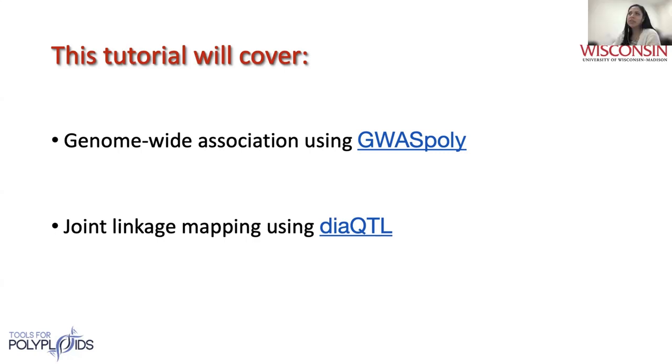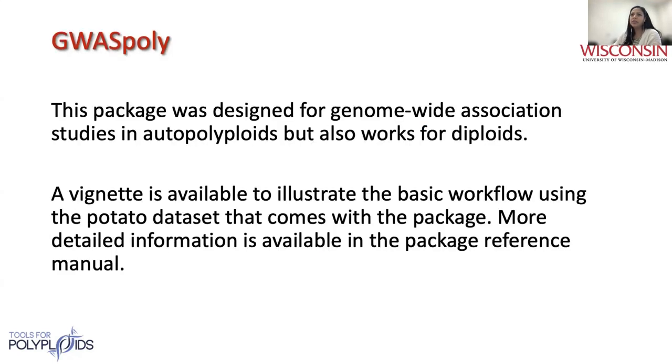Wonderful. All right. So we will start with GWAS Poly. GWAS Poly is a package that has been designed for genome-wide association studies in autopolyploids, but also works for other ploidies, for diploids.